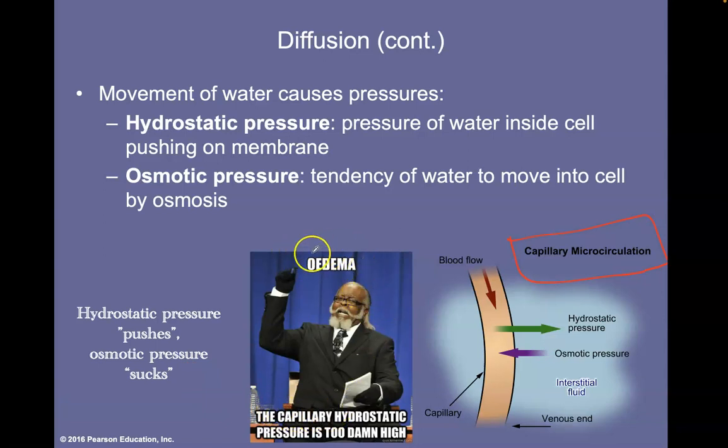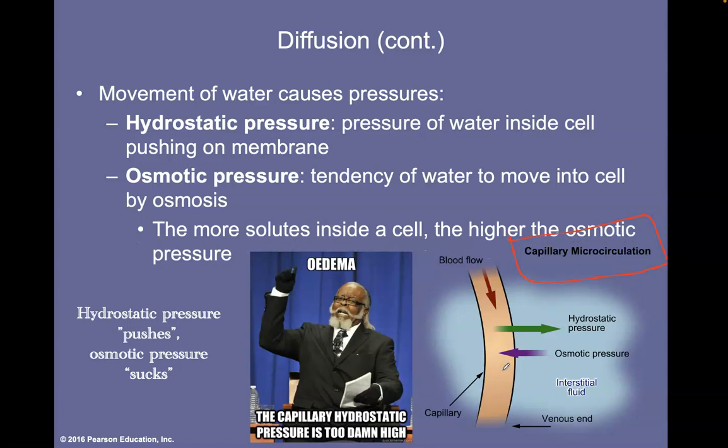And this is kind of important because things like edema are actually caused by a buildup of capillary hydrostatic pressure, right? And so we can end up where there ends up being too much fluid inside the tissues.